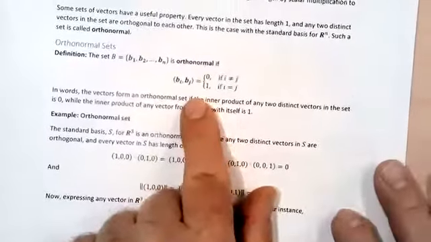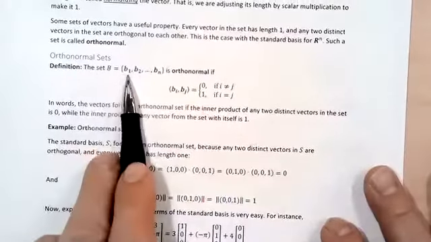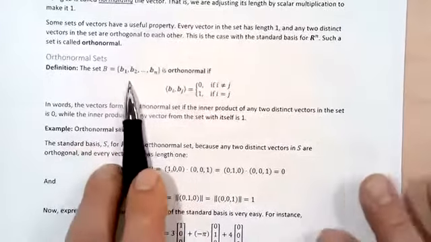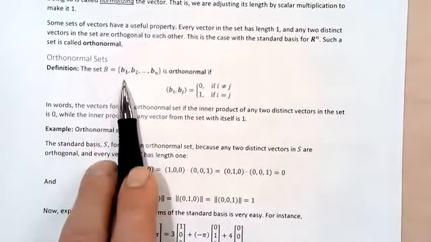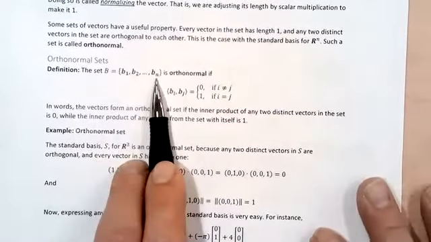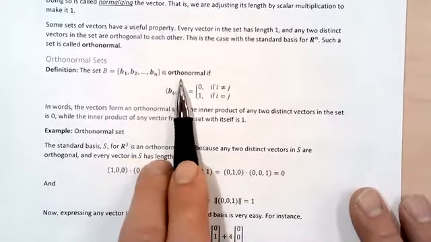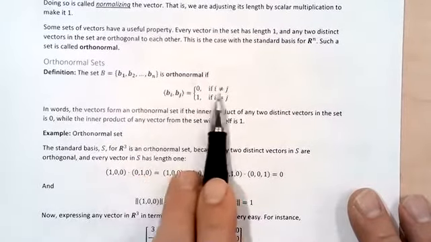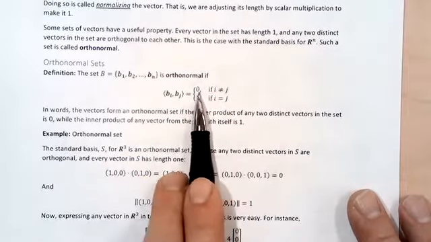Now if you look on page 4, there's this formula right in the middle of the page, and it says this: if a set of vectors, and I use B because we were talking about bases earlier, but it doesn't have to be a basis, this is still a true statement. So we have a set of vectors, B1 through Bn. We call the set orthonormal if you take the inner product between any two that are not the same vector, you get a 0.